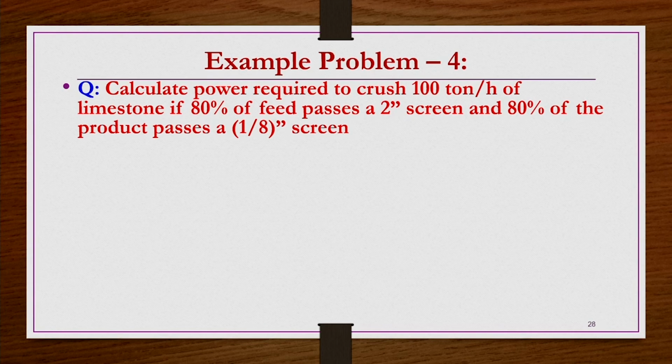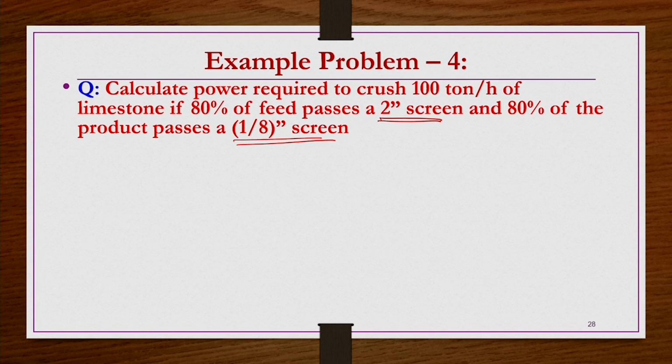So it is clearly given that 80% of the feed is passing a 2-inch screen. So dPa is 2 inches, and dPb is 1 by 8 inch, because 80% of the product passes through a 1 by 8-inch screen.